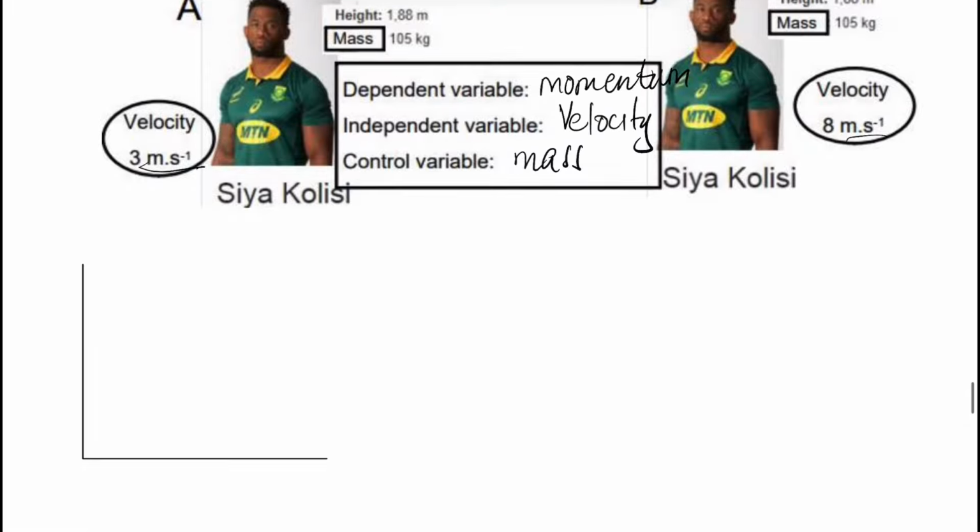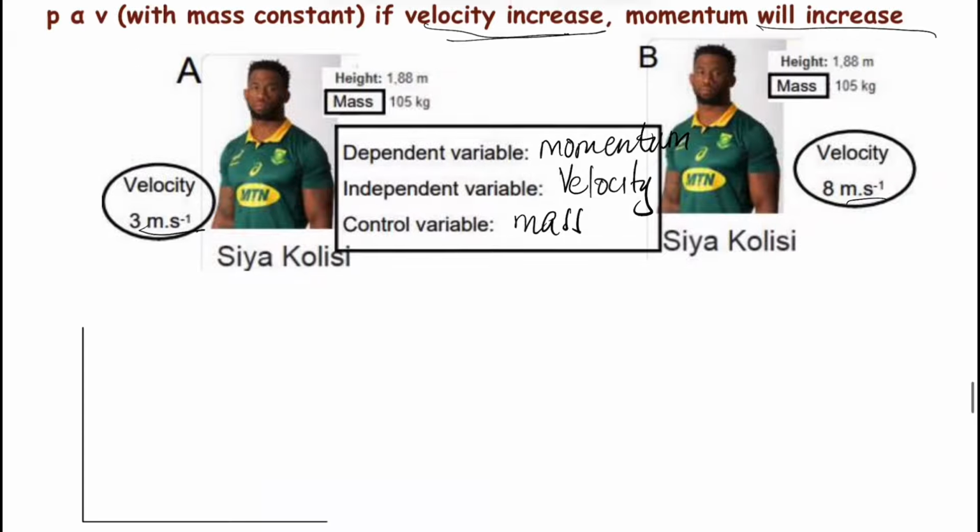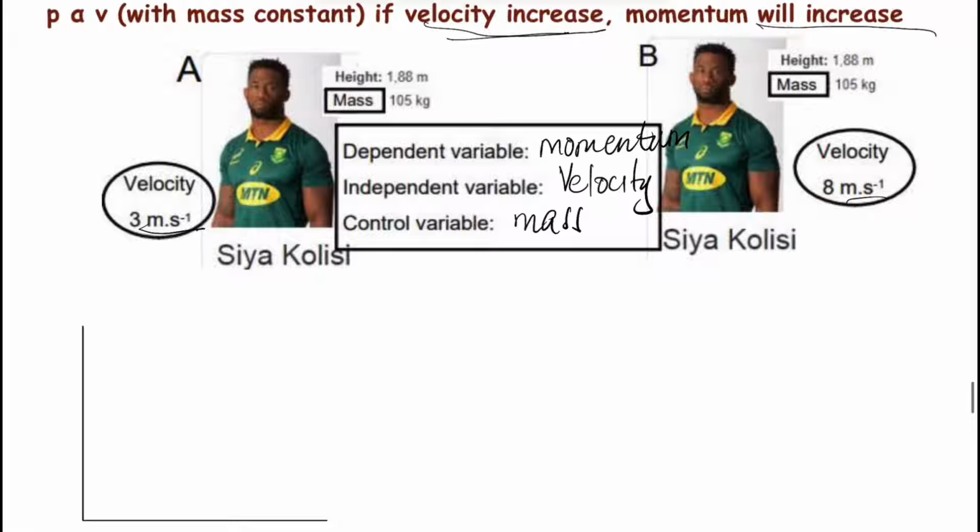So graphically, guys, this is the relationship between momentum and velocity. Here is momentum in kg meter per second, and here is velocity in meter per second. Since the two variables have a direct relationship, the graph is going to be a straight line graph that cuts through the origin.